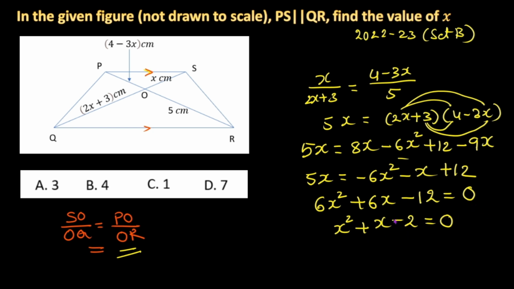How do we split the middle term here? The X square coefficient is 1 and the constant is minus 2.